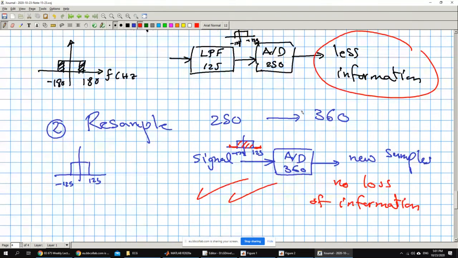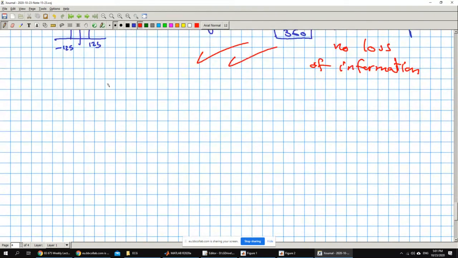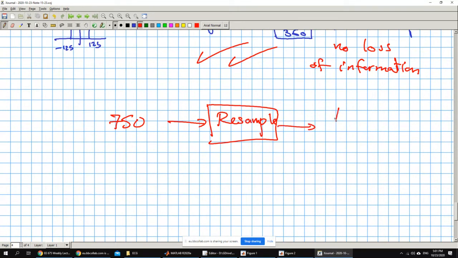We should take the samples that are 750 and enter them to a resampling block and come up with 1080 samples on the other side. Here the resampling will give you the samples at 360 samples per second.